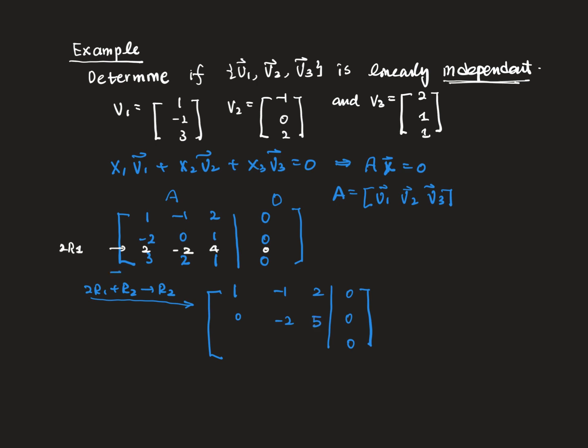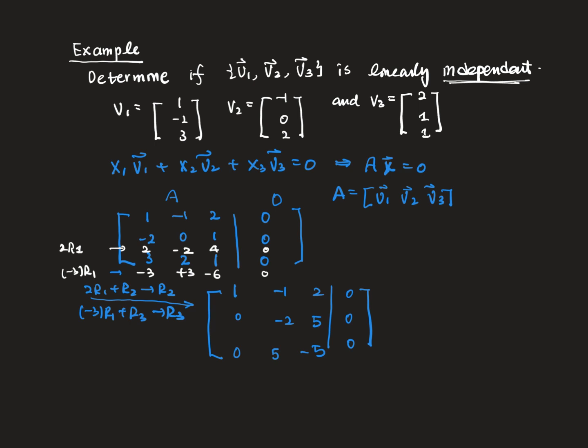Another one: negative 3 R1 is negative 3, 3, negative 6, 0. So negative 3R1 plus R3 goes to R3, giving 0, 5, negative 5, 0.